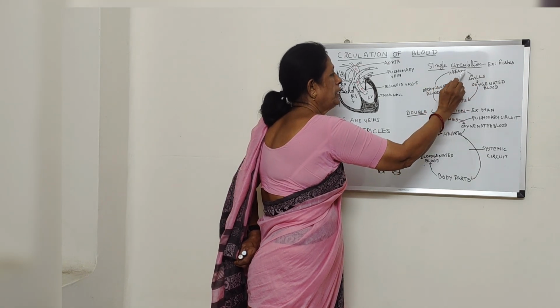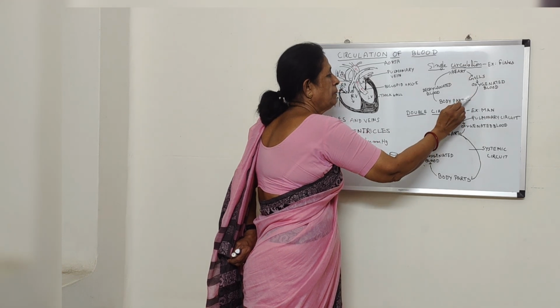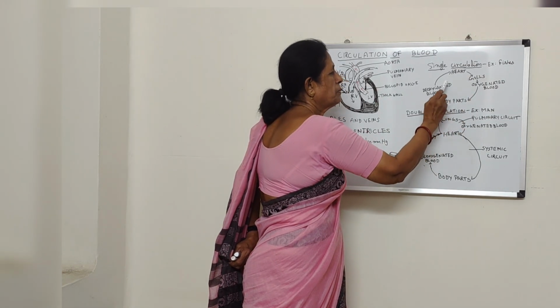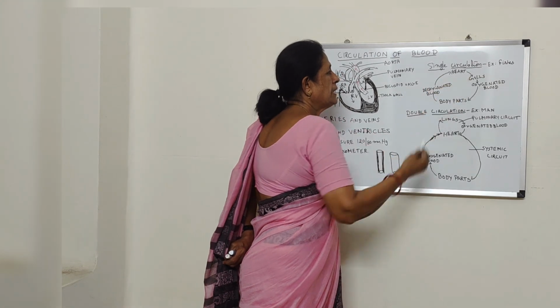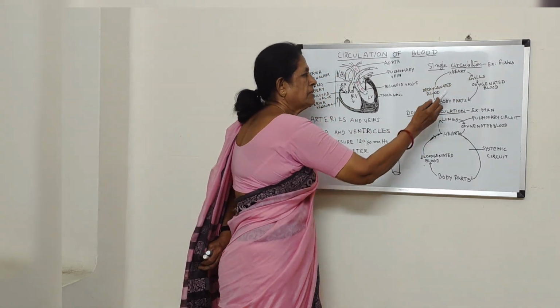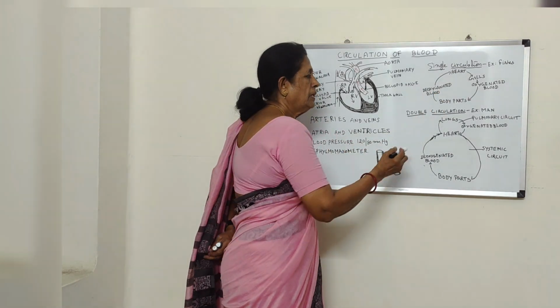From the heart, the blood goes to the gills. From the gills, the oxygenated blood goes back to the body parts. So only one circuit is present. That is why it is called single circulation, or single circuit circulation.